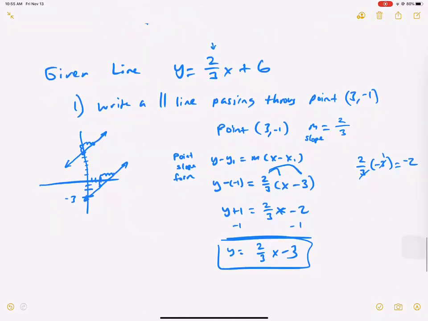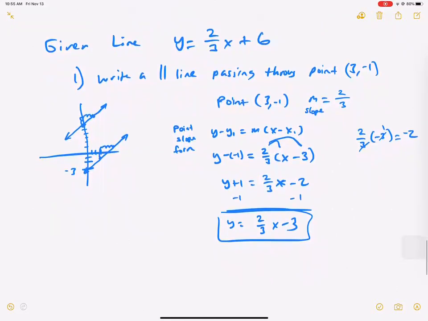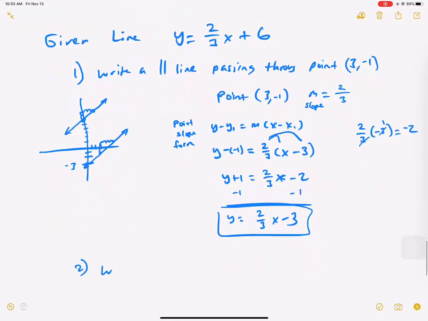The second type of question that you will see on the SATs and all these standardized tests is they will write: write a perpendicular line passing through, I'm going to say, 2 comma 1.